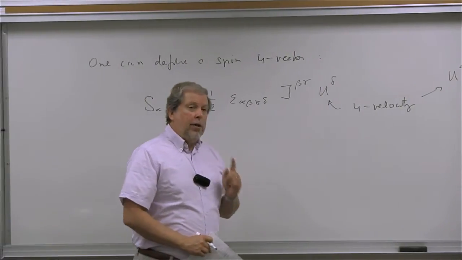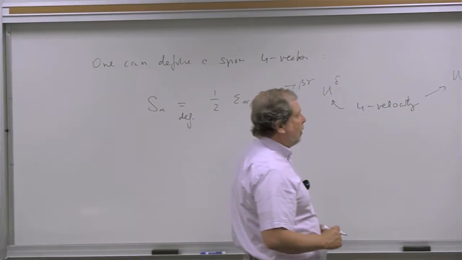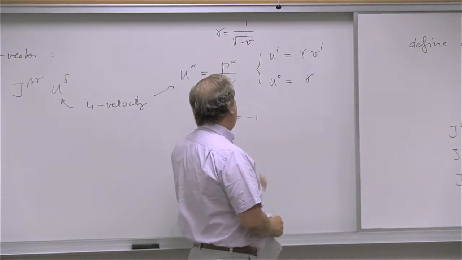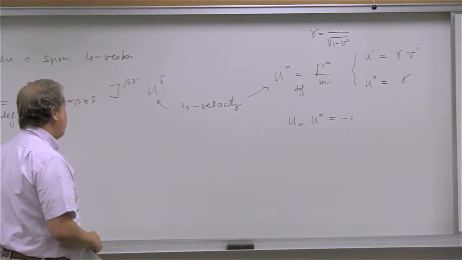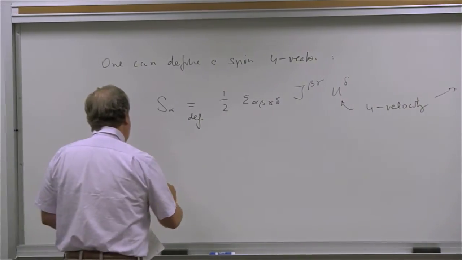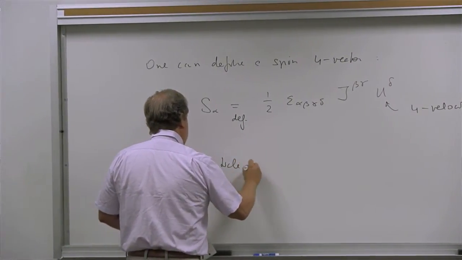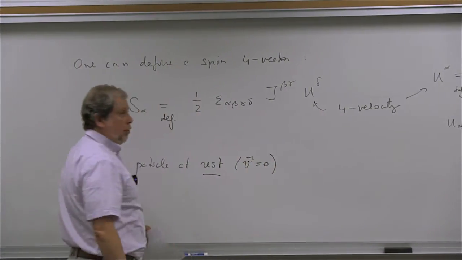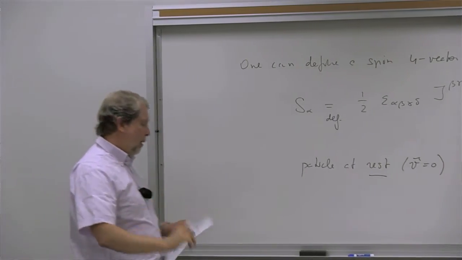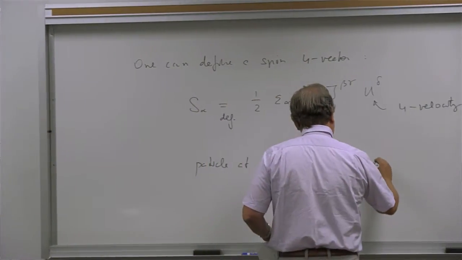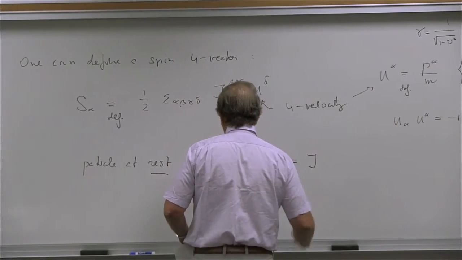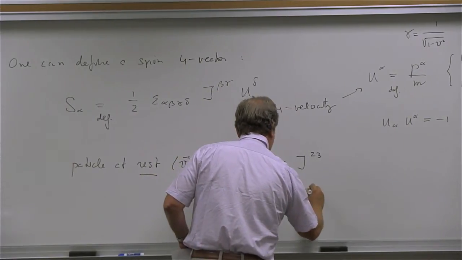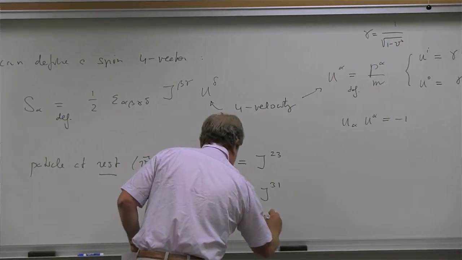And if the particle is at rest, then the u^i are equal to 0, and u^0 is equal to 1. So for a particle at rest, v equals 0, which means in a frame that is attached to the particle, S1 is just J23, and S2 is J31, and S3 is J12.